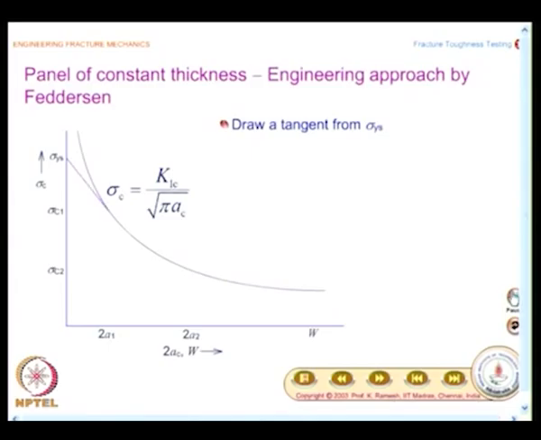So, you have to draw a tangent, you construct the graph as it is being discussed. You have an initial graph which is dictated by sigma c equal to K1C divided by root of pi a c. Now, you draw a tangent from sigma ys. This will meet this at a particular value, which could be easily determined from your analytical geometry.